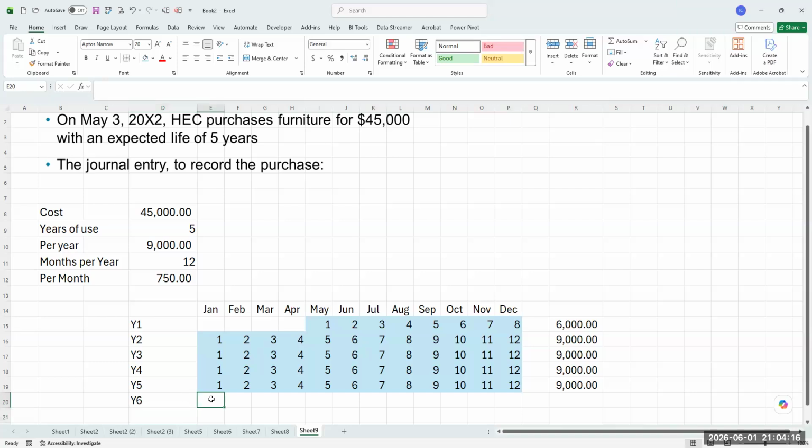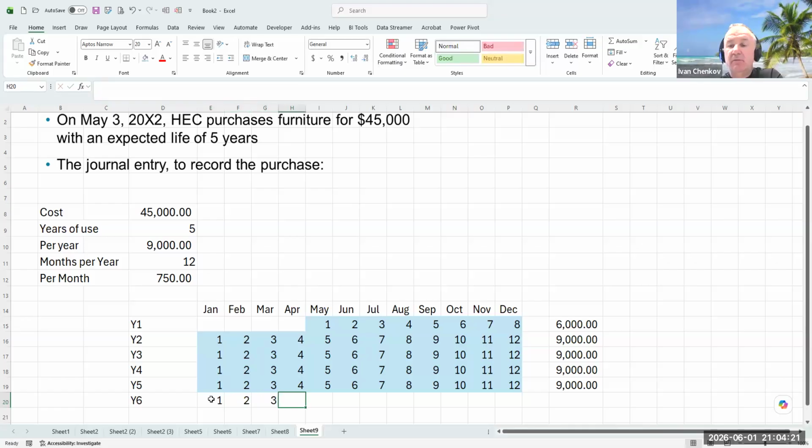Four months: 1, 2, 3, and 4. And once I add those 4, how much will the amortization be? 3,000. Now, with the first year 6,000 and the last year 3,000, I have 9,000. So I have 5 years with 9,000 and I'm done.